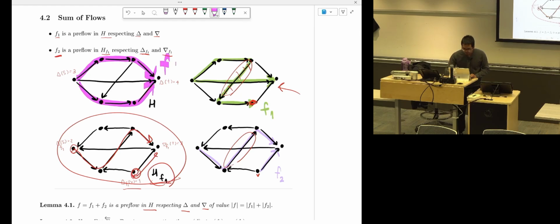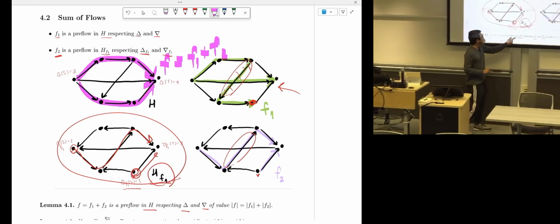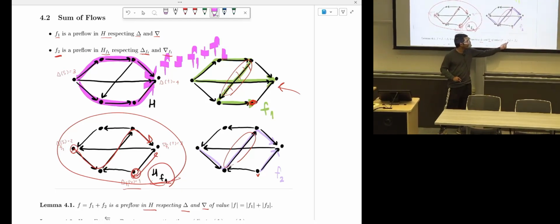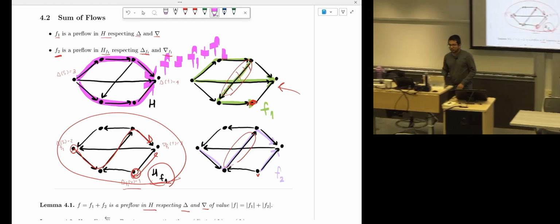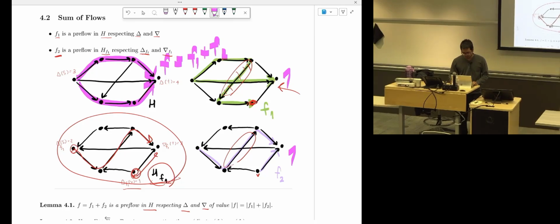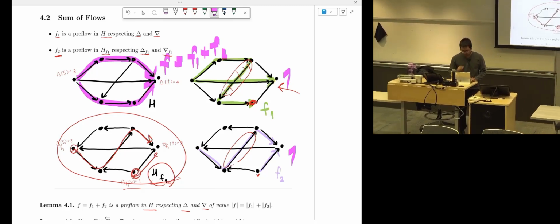This is F, which is F1 plus F2, and it's just a flow in the original graph, and the value would be the sum of the two values. In this case, the value here is 1. The value here is 1. No, wait. The value here is 1.